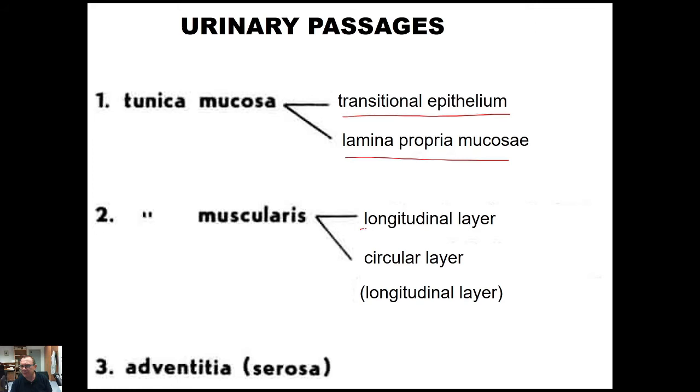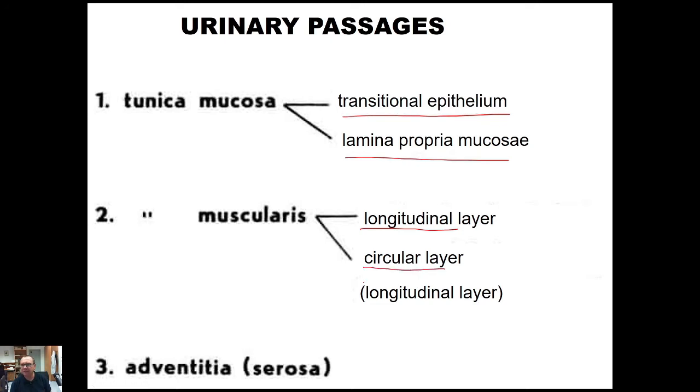The first layer, the deeper layer of the muscularis in urinary passages, is longitudinally arranged, not circularly as usually, as you know from digestive tract, from the respiratory tract. Here is a longitudinal arrangement, and the outer layer is circular.